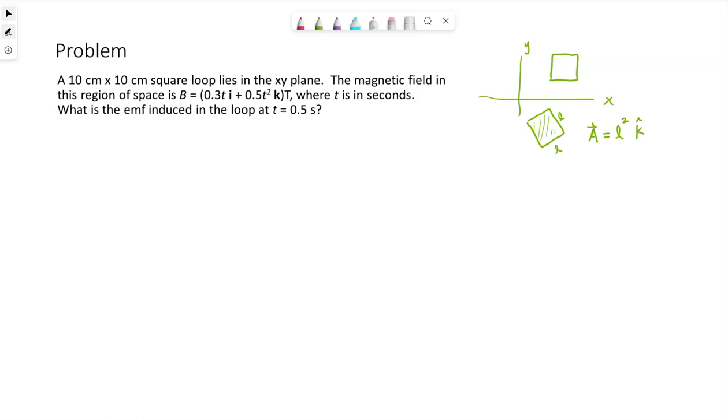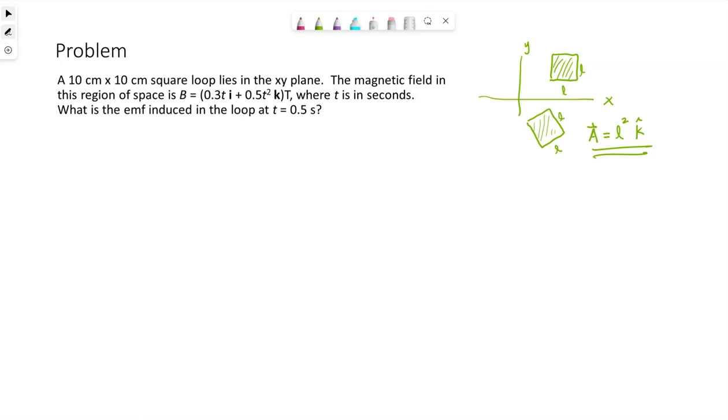Having a positive versus negative flux doesn't mean a whole lot to us when we have just a two-dimensional surface right now. So regardless of how we align the sides of this square, this area vector is going to be the same thing. The area of the square is the two sides squared, so 10 centimeters by 10 centimeters. Normal to the surface is in the z direction.